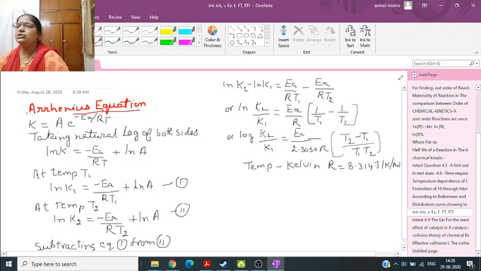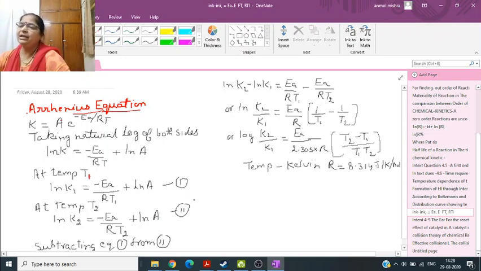Taking natural log of both sides, we get ln K is equal to minus Ea by RT plus ln A. Now if we change the temperature, suppose first the temperature is T1, then ln K1 is equal to minus Ea by RT1 plus ln A, and at temperature T2, ln K2 is equal to minus Ea by RT2 plus ln A. We have numbered them as equation 1 and 2.